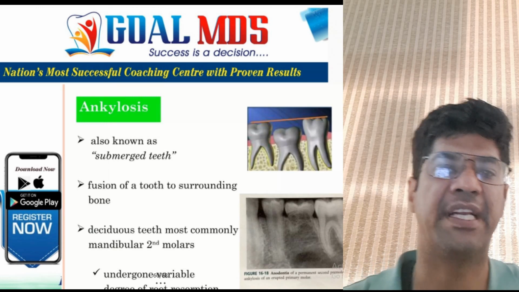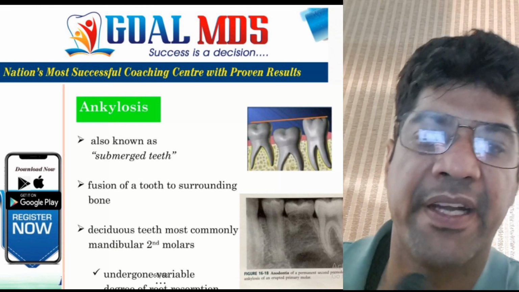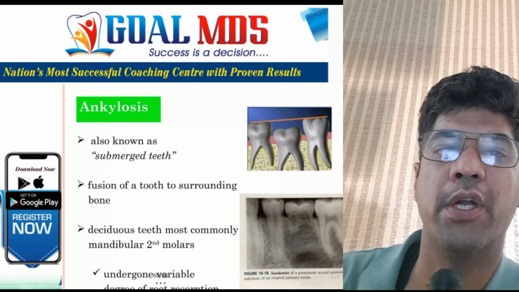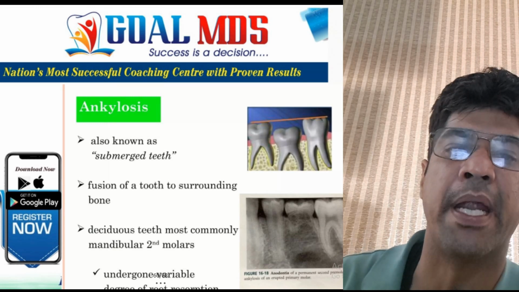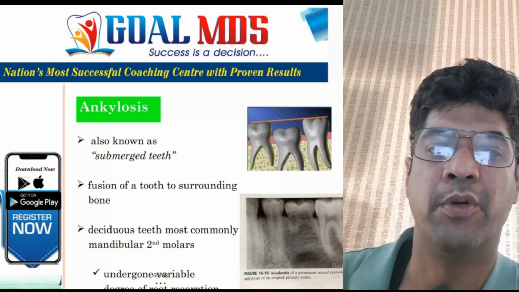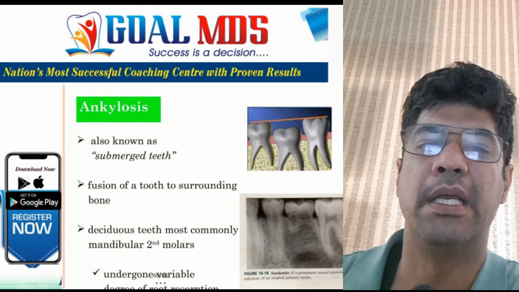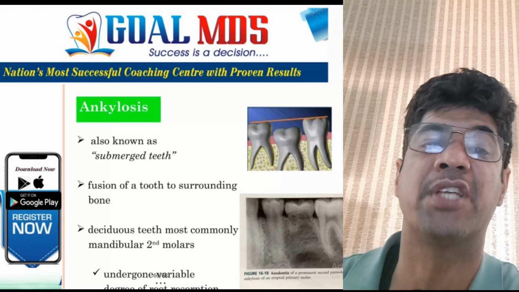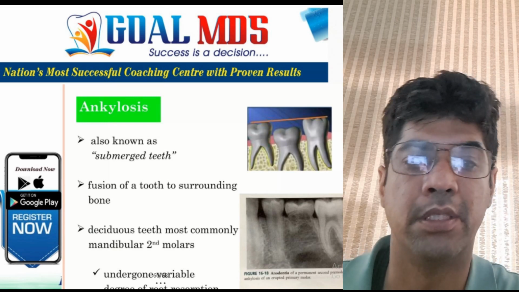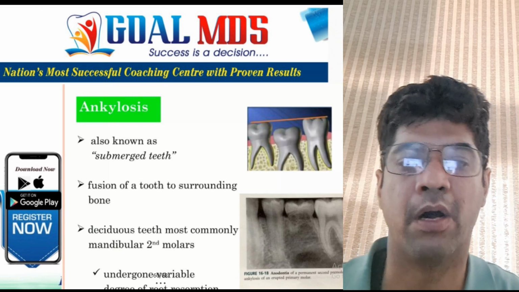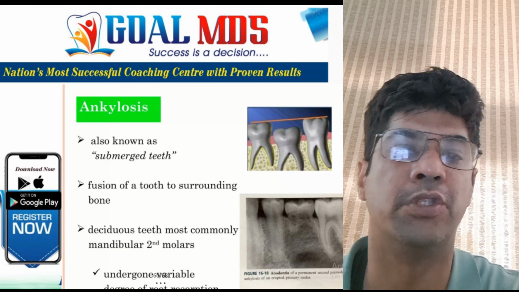Ankylosis can cause the affected tooth to not grow or move properly, leading to issues like improper spacing or bite problems. So in simpler words, in ankylosis the tooth is stuck to the bone and cannot move like it should. It can cause problems with how the teeth fit together and how the jaw works.